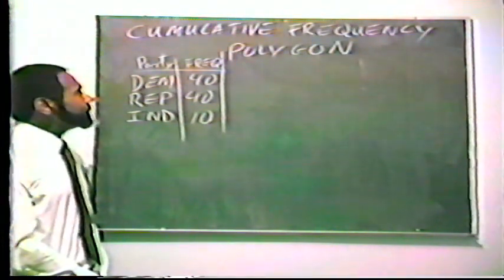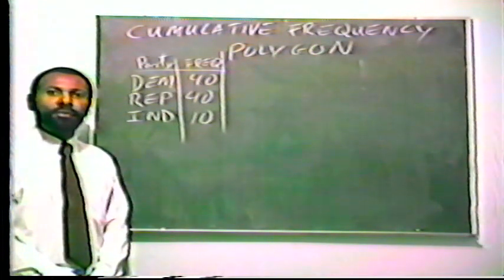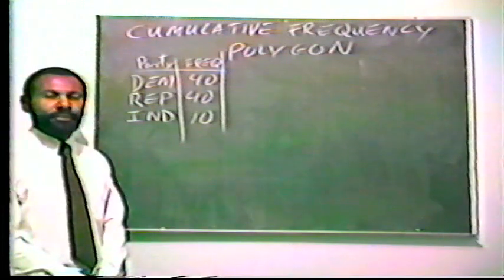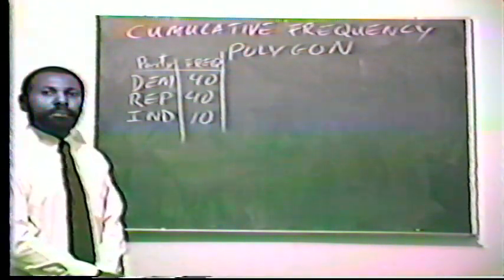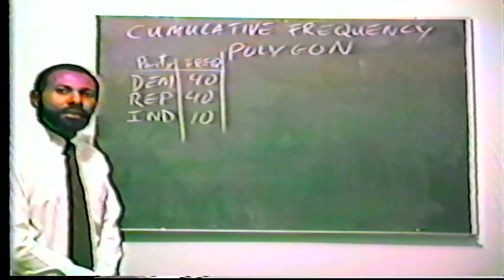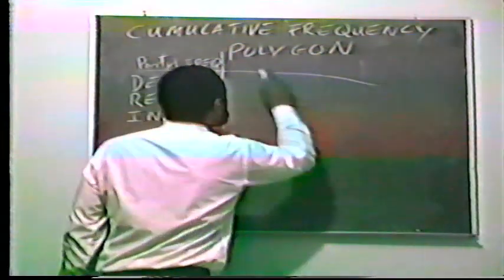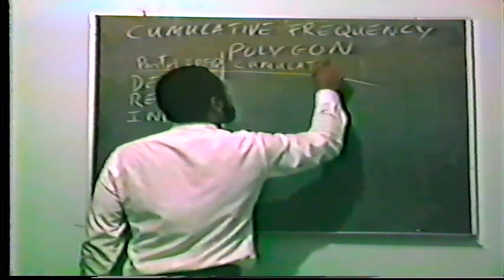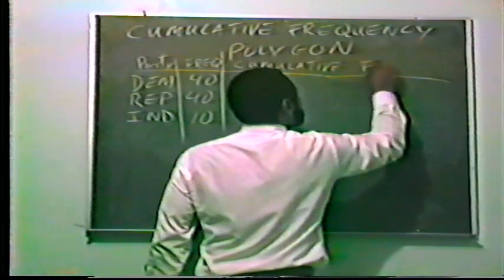Now, when you're doing a cumulative frequency polygon, you need to add on another column. Not only do you need the party column and the frequency column, but you also need a column that we call the cumulative frequency column. So we add that column on.